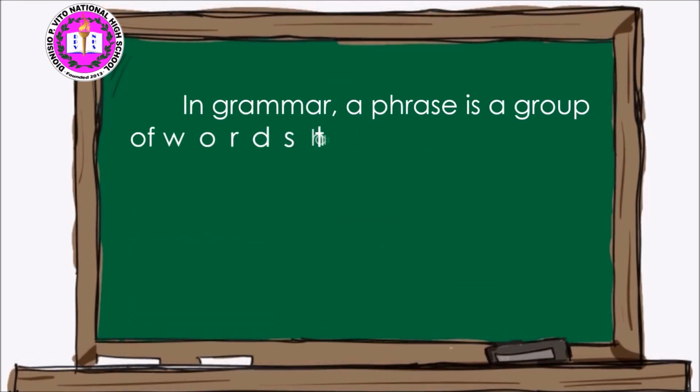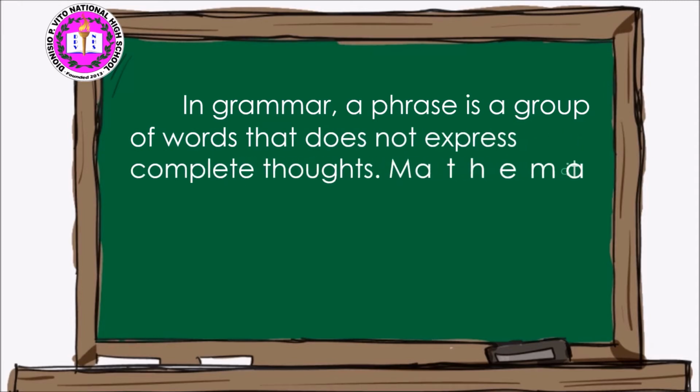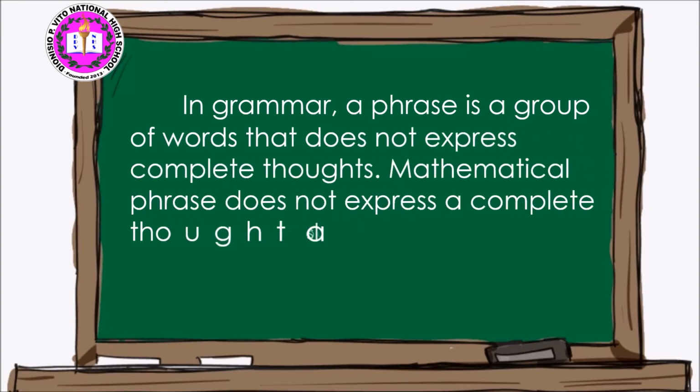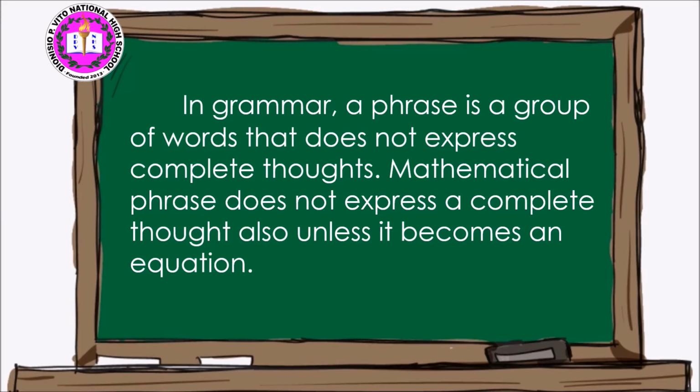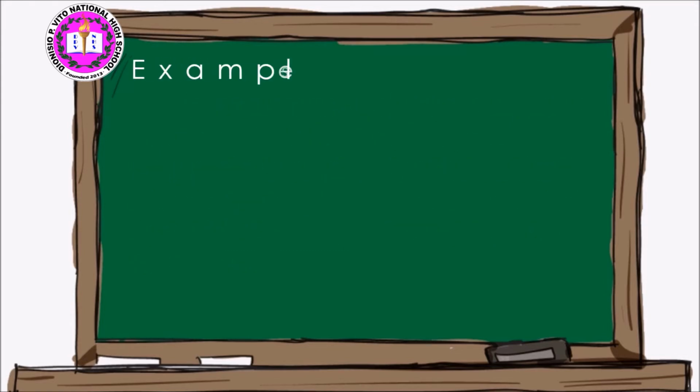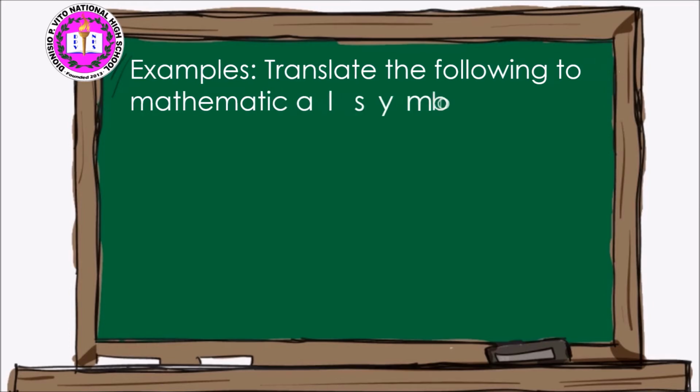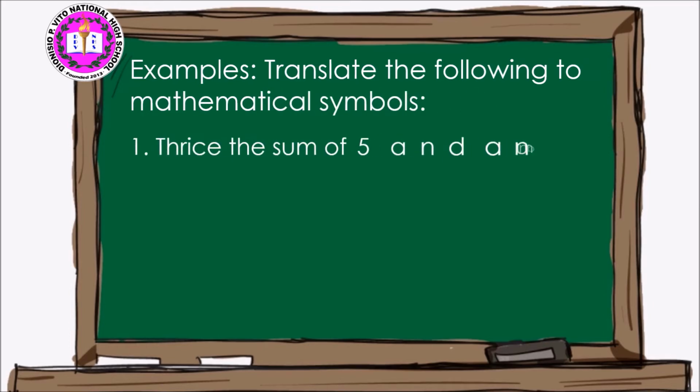In grammar, a phrase is a group of words that does not express complete thoughts. A mathematical phrase does not express a complete thought also unless it becomes an equation. Examples. Translate the following to mathematical symbols. First example, thrice the sum of 5 and a number.